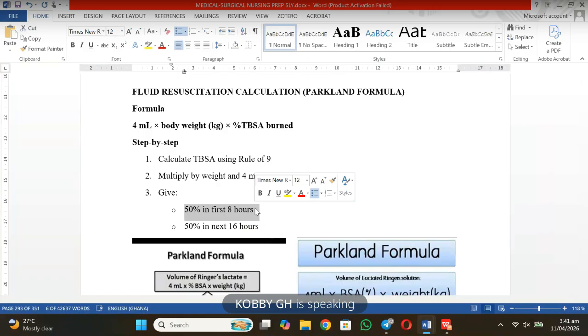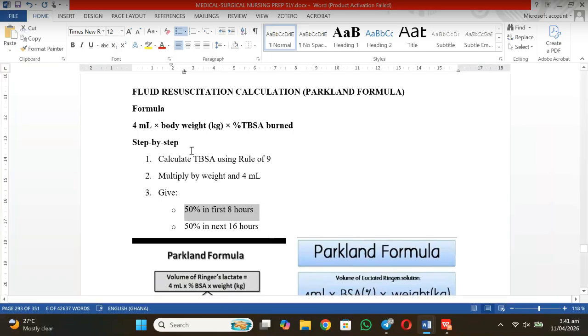The examiner will ask that a certain patient has suffered a burn affecting 40% of the total body surface area, and the patient weighs 70 kg. What amount of fluid is required to resuscitate this patient? It's simple: 4 ml times 70 kg times the percentage.